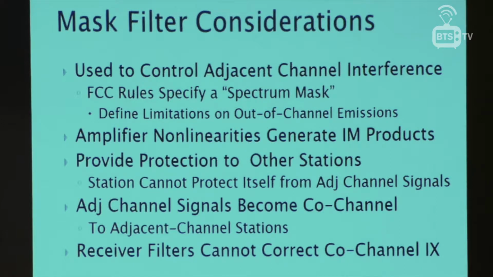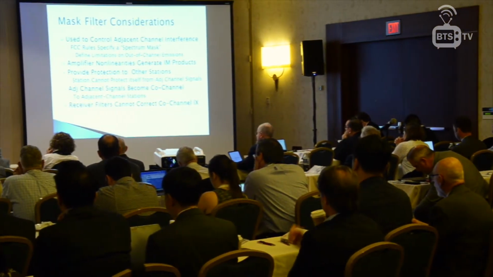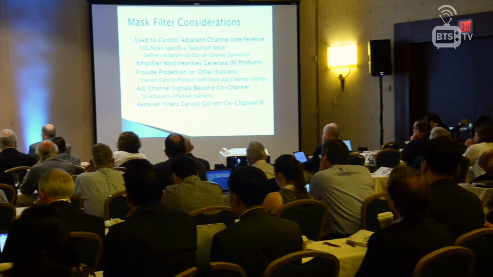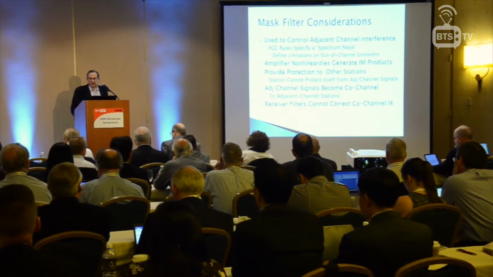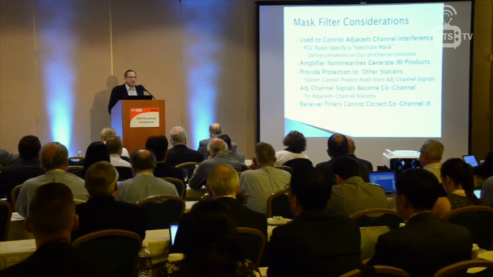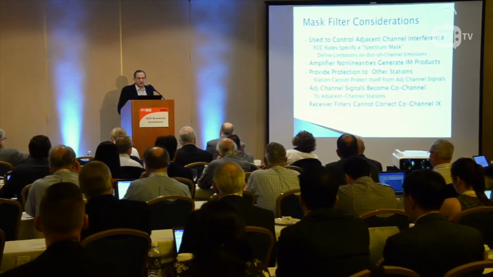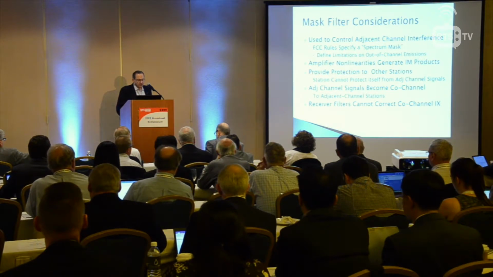Basically, mask filters provide protection to other stations. They don't help the station itself, they help your neighbors. And the station cannot protect itself from adjacent channel signals. Those adjacent channel signals, when they get into the adjacent channel, become co-channel interference. And co-channel interference cannot be filtered.